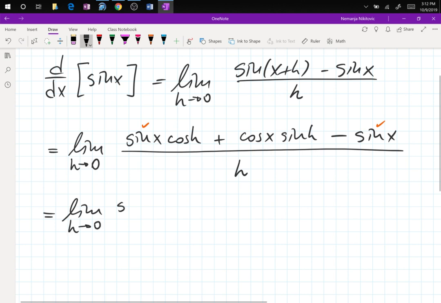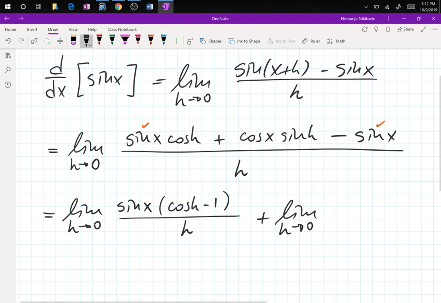So now we have sine x times cosine h minus 1, everything divided by h, and then plus, in a separate limit, limit h goes to 0 of cosine x sine h over h.